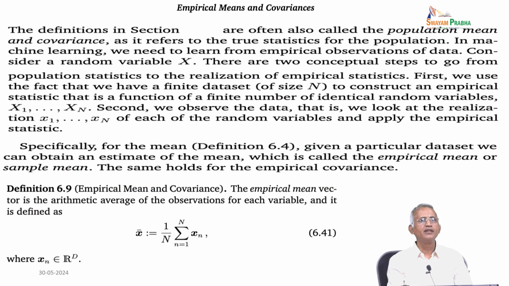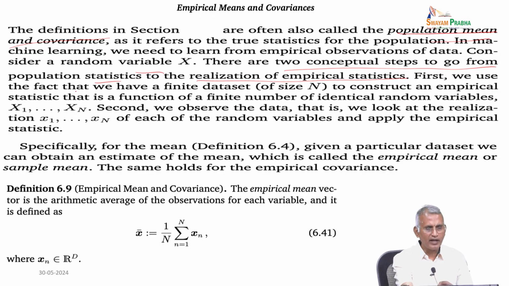Next, empirical means and covariances. The definitions in this section are often called the population mean and covariances. They refer to the true statistics for the population. In machine learning, we need to learn from empirical observation of the data. Consider random variable x. There are two conceptual steps to go from the population statistics to the realization of empirical statistics.